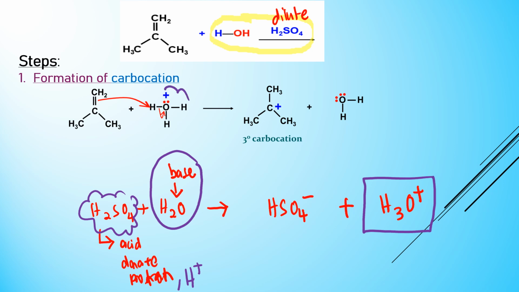So this is where the H3O+ comes from. So we will draw the Lewis structure for the H3O+: H, O, H, H. On oxygen there is one lone pair and there is the positive charge on oxygen. This is the H3O+ structure based on the dissociation of the dilute sulfuric acid in this reaction. Okay, that is where our H3O+ comes from.